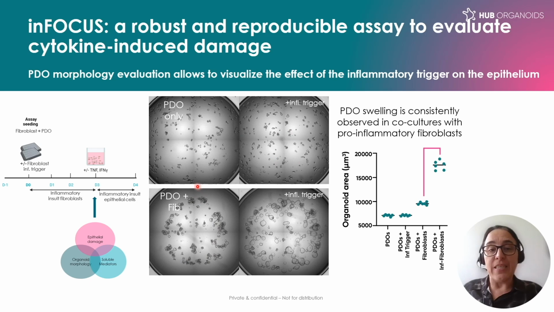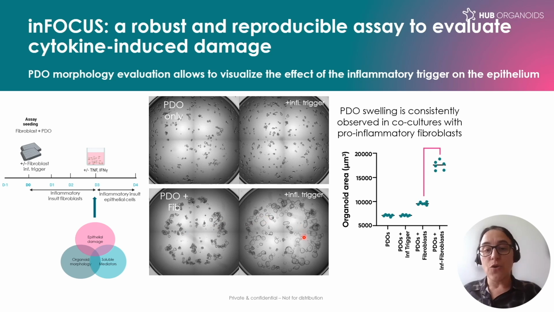If we combine the organoids with fibroblasts that are not stimulated, and this correlates with the previous image I showed you, we see that the organoids tend to aggregate. So there is a clear interaction between organoids and fibroblasts, and this stimulates the aggregation of the organoids rather than being dispersed. So we can already see a change in the behavior of organoids in the presence of normal fibroblasts.